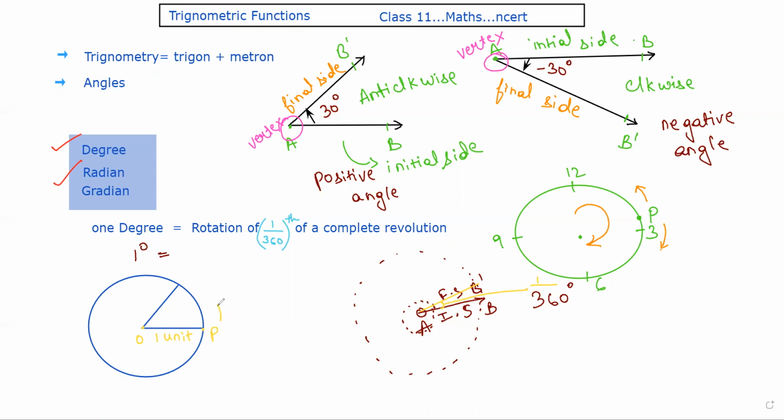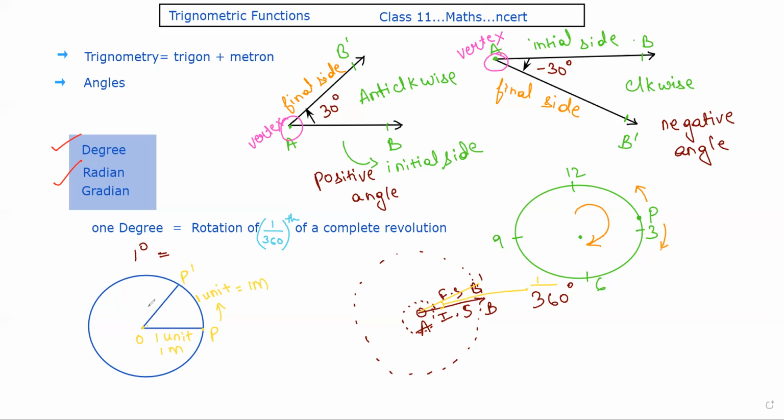We are moving it in the anti-clockwise direction, covering a distance along the length of the arc, along the circumference of the circle, measuring a distance of 1 unit. Whatever measure you have, if this is 1 meter, this will also be 1 meter. If this is 1 centimeter, it is 1 centimeter, and so forth, reaching a point P dash.